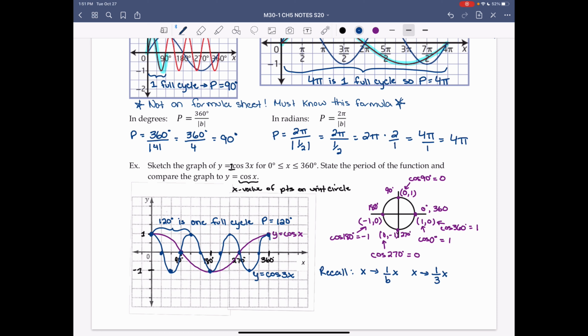And we could calculate our period algebraically by doing P equals 360 degrees divided by the absolute value of the b value, which equals 360 degrees divided by 3, which gives us 120 degrees.